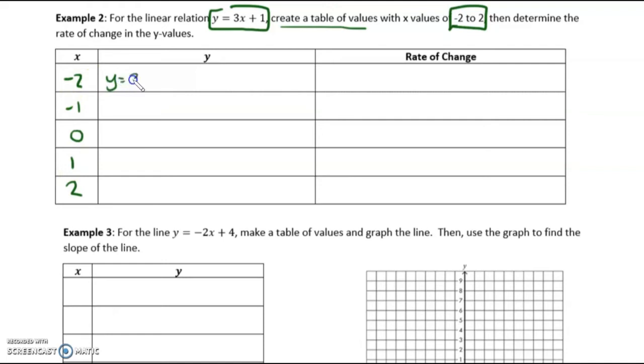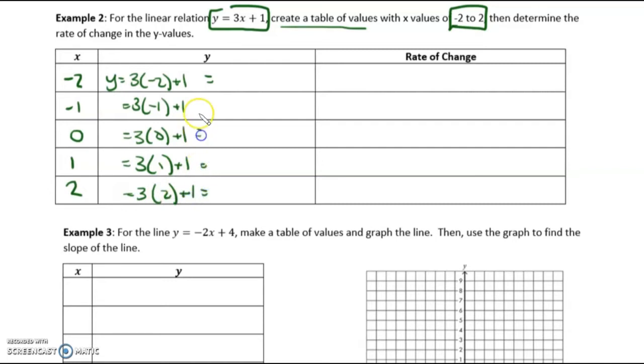We have the equation 3x plus 1. So I will sub in 3 times -2 plus 1, 3 times -1 plus 1, 3 times 0 plus 1, 3 times 1 plus 1, and 3 times 2 plus 1, going all the way down this column.